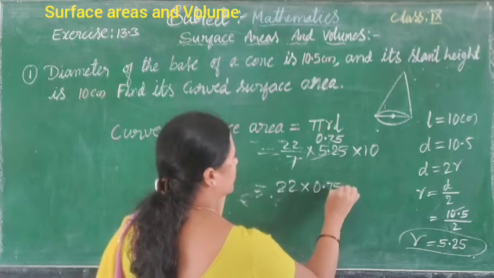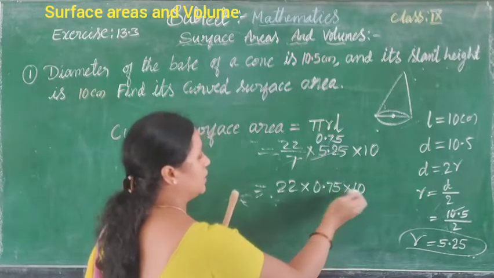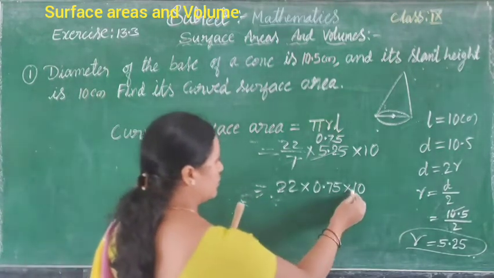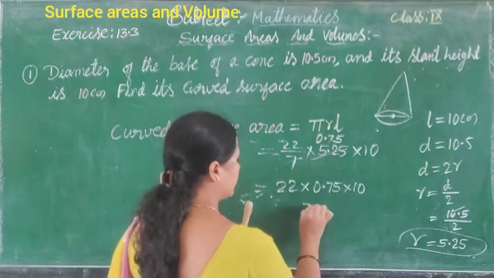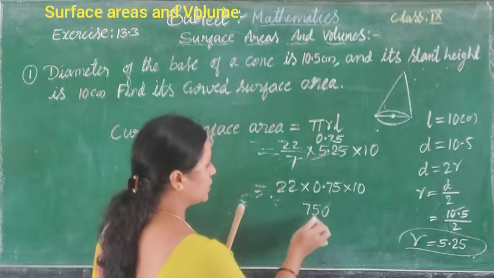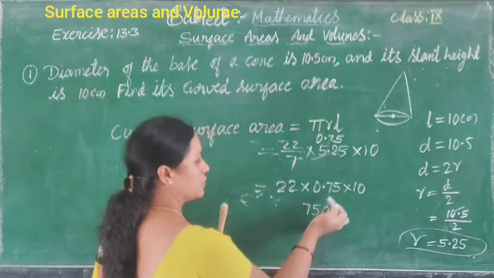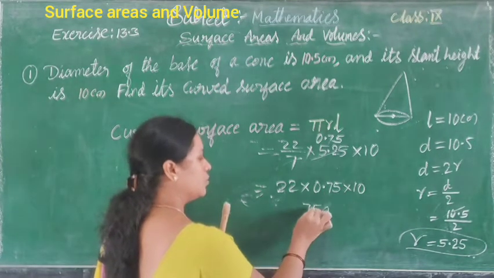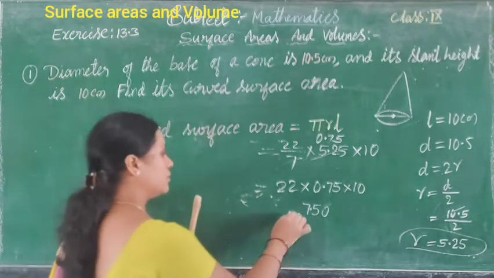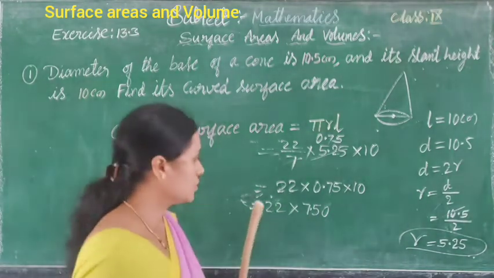0.75 into 10. Now again you can multiply 10 and 0.75. So 75 and here is 0. You put 0. So now you can put the point again. You can leave two numbers. You put the point. So 7.50, and you can multiply by 22.